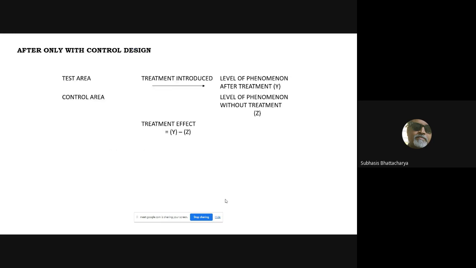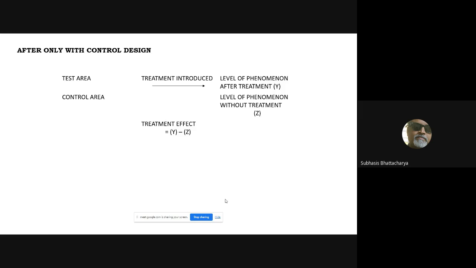And the second one is the after only with control design. What is the idea? In this design, two groups of areas are considered, not only one area. That is, a test area and a control area are selected, and then treatment is introduced into the test area only.